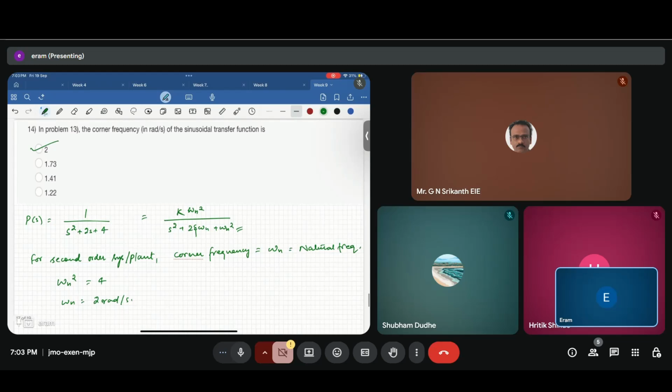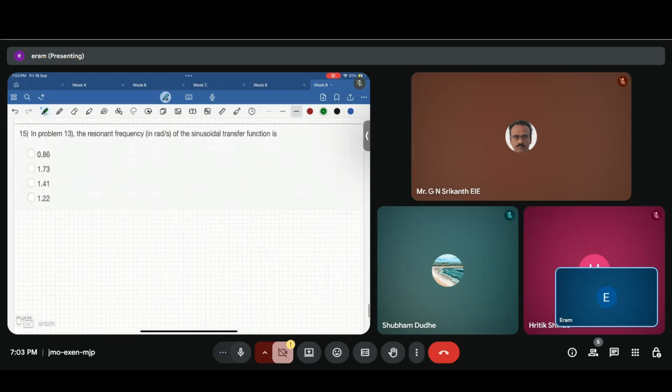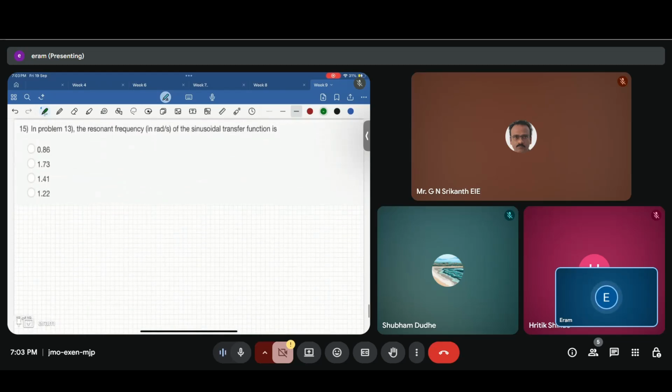Okay, what is the resonant frequency for the same transfer function? The resonant frequency. What is the resonant frequency?